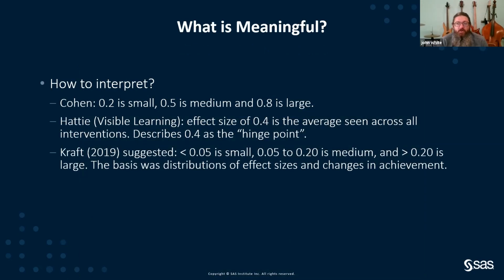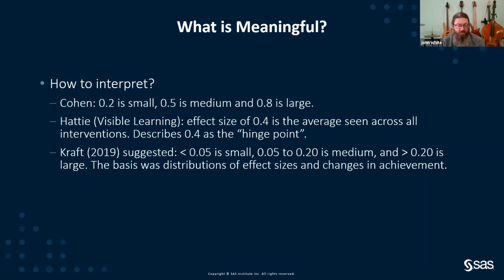So there's been a lot of talk, a lot of literature around the idea of categorizing effect sizes and what is something that's small or medium or large. We have a couple of different folks that have some previous research in this area. Cohen was more of just social sciences in general.